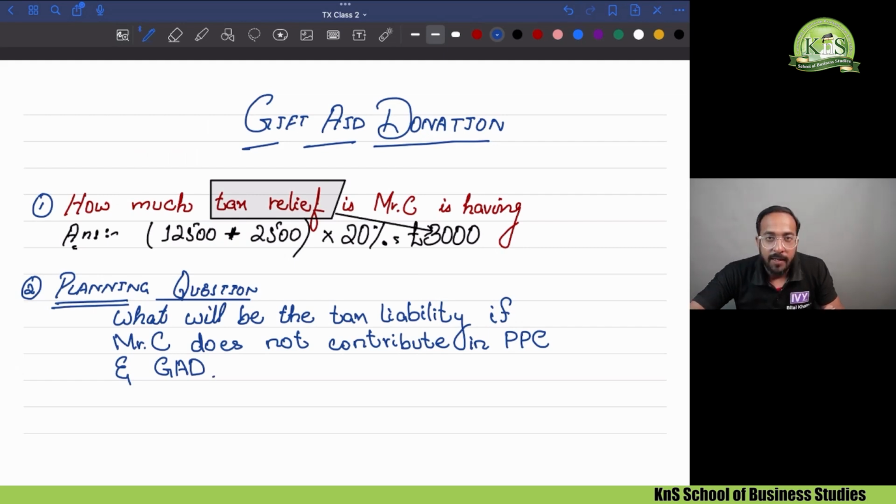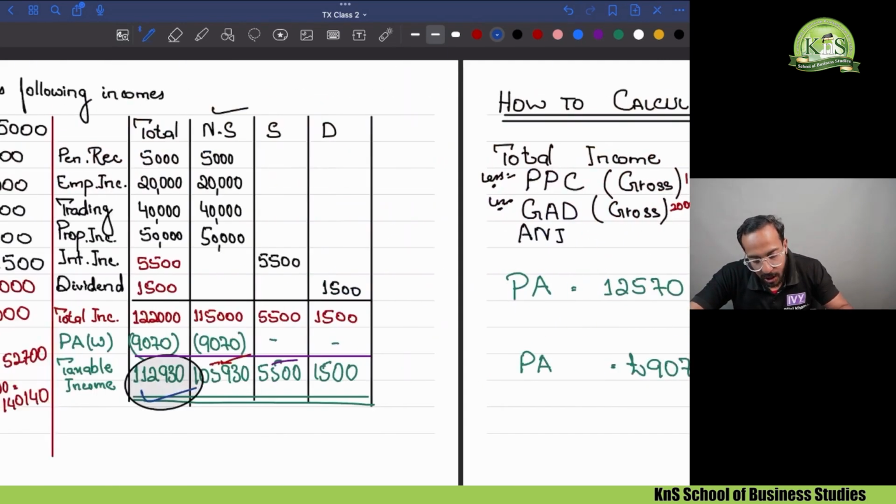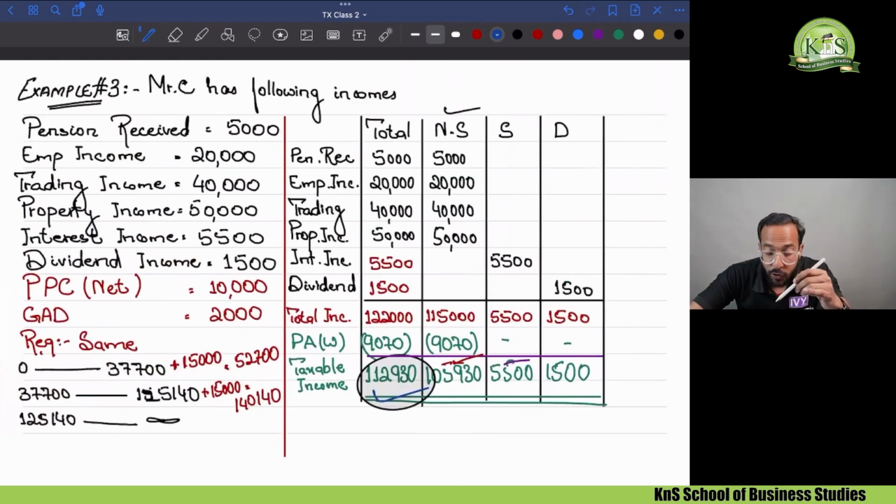Now I'll just explain a bit, then you are very sharp and intelligent, you need to calculate yourself. First, this PA will be changed. This PA will definitely change, because he is saying if there is no such contribution, then my total income will become 1,22,000.